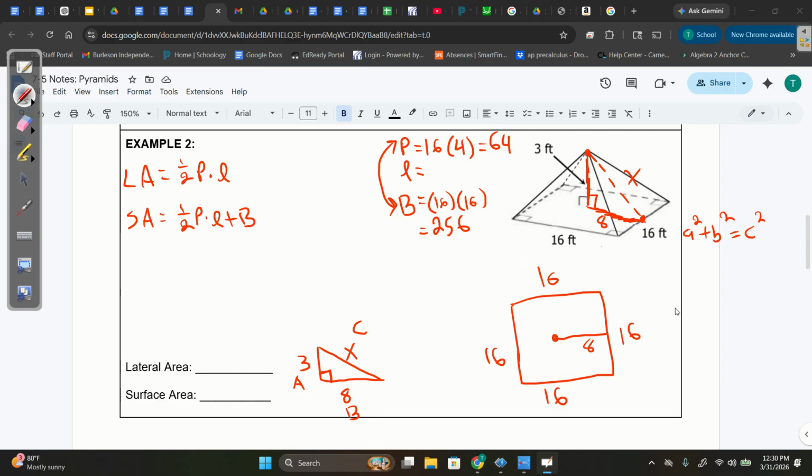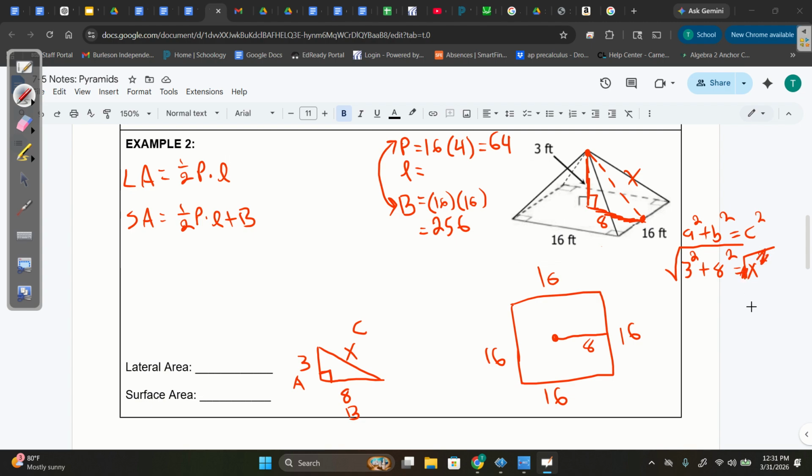So let's plug in our values. A is 3 squared, plus B is 8 squared, equals C, we don't know, squared. Now, because I've already got all my numbers isolated on this side, I can go ahead and just get rid of this square by taking the square root of each side.